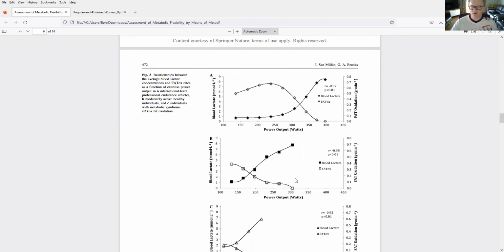That's where our polarized training models start to get applied very, very effectively, in this example. Now, with our elite level athletes, you can see that they have spent a long time working in here, and I dare say they are avoiding this zone here as much as possible, and they're working on that real top end capacity here.